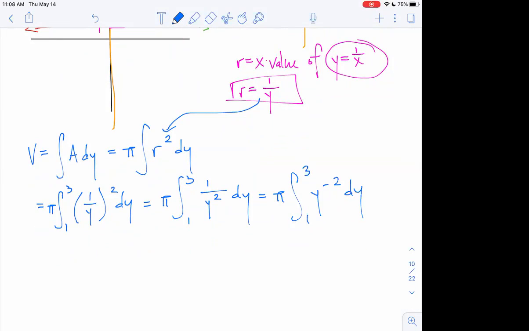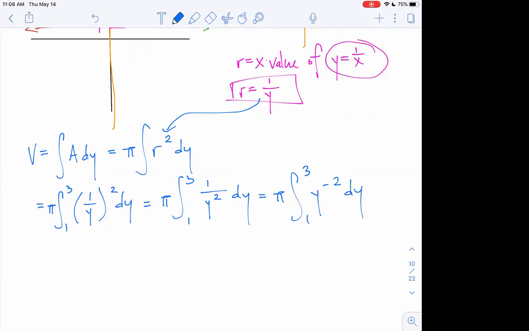What should I change the exponent of y to if it's the exception to the power rule? So ln.